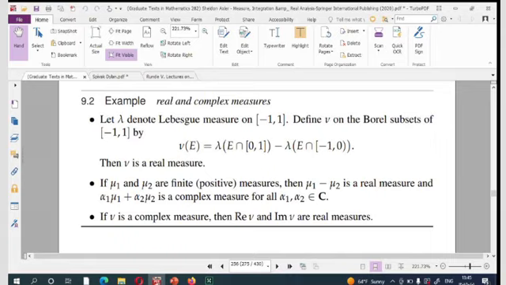Note that Lebesgue measure on R or on this interval is a non-negative measure. Lambda is non-negative on Borel subsets of this interval, but this nu is not necessarily non-negative. Okay, this nu is not necessarily non-negative.